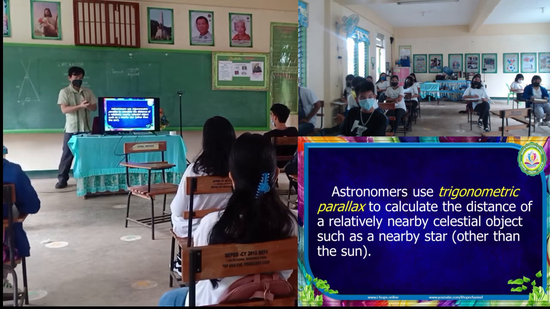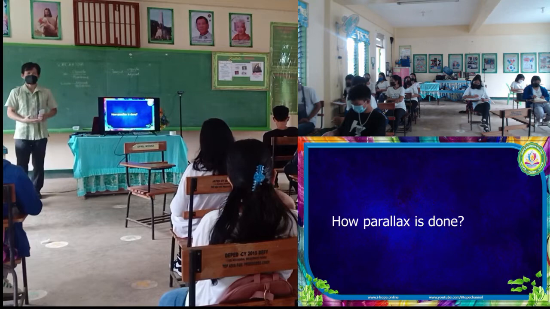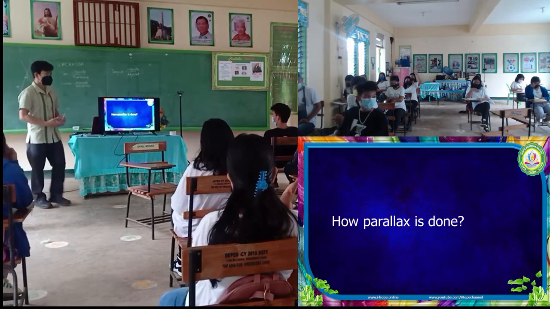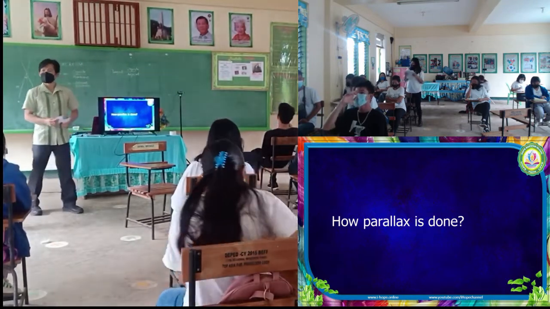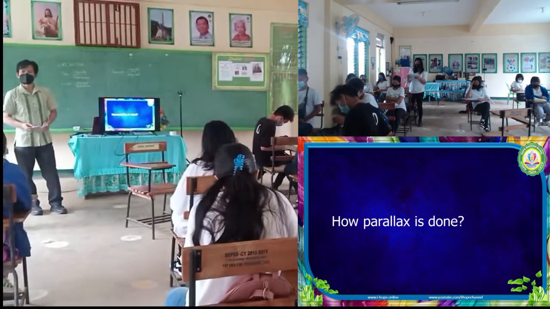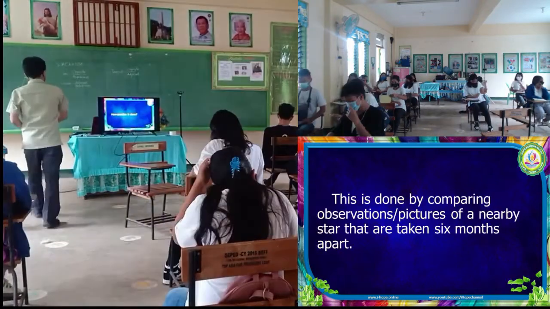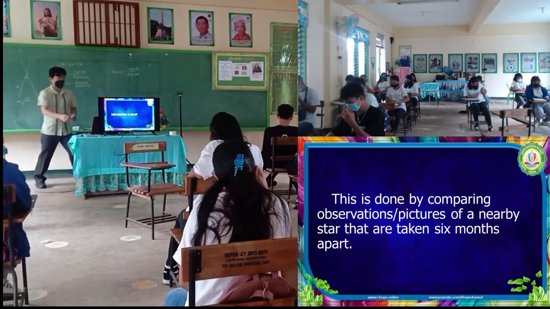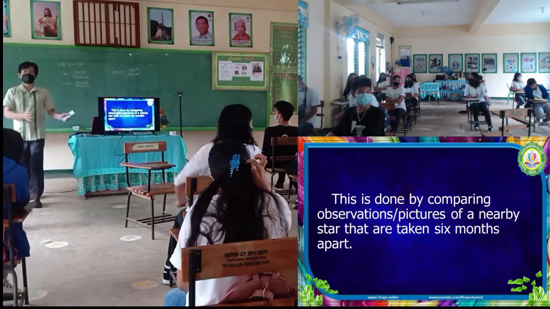So how is parallax done? This is done by comparing observations of a nearby star made 6 months apart.